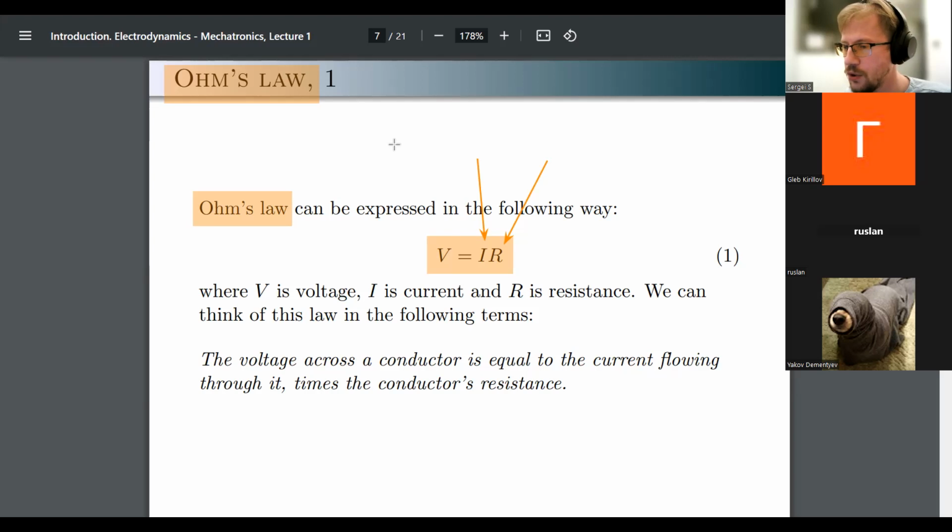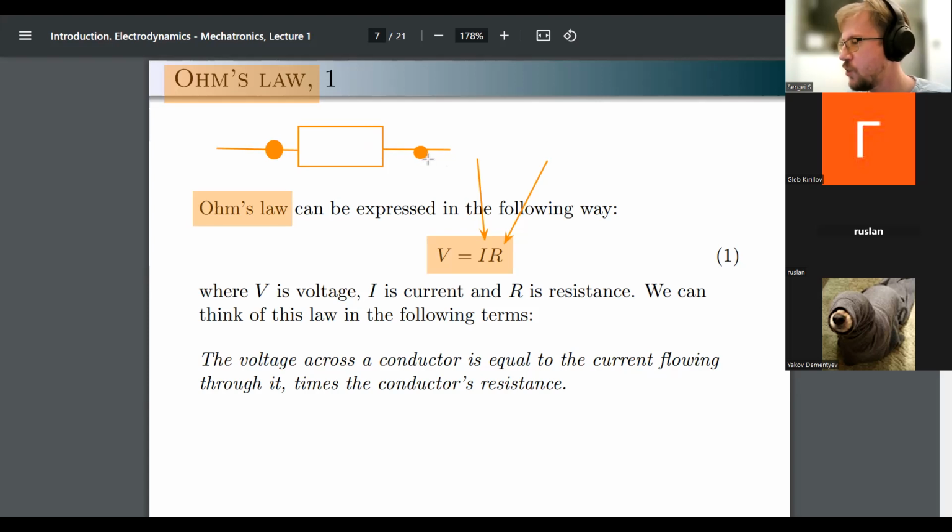Just to quickly remind you, when we think about the resistor, let's say there is an input wire and an output wire. When we say voltage across the resistor, that means you can measure voltage between those 2 points.